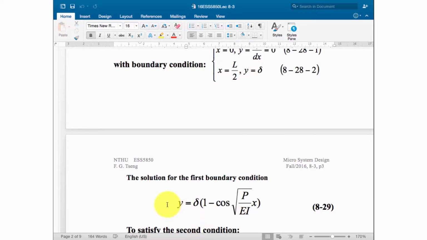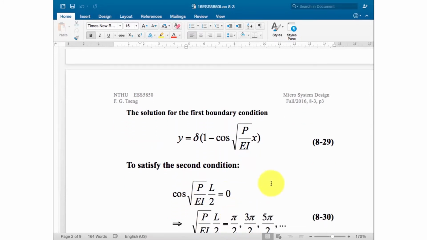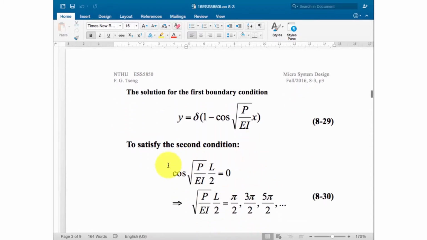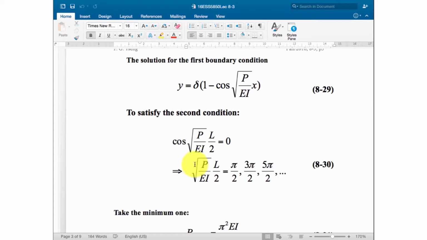The delta will be cancelled from the right hand side and left hand side. So now we have only this part equal to 0. We apply all the boundary conditions, and we find that this equation becomes 0 because the cosine is a periodic function. So now we can find many solutions for this equation.